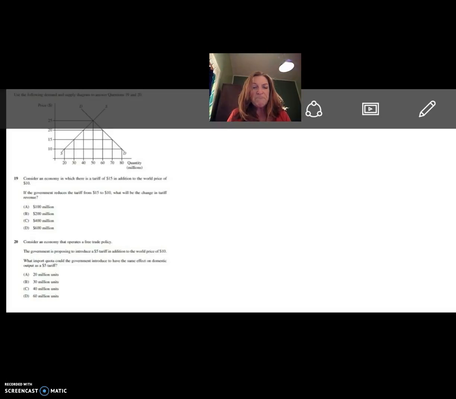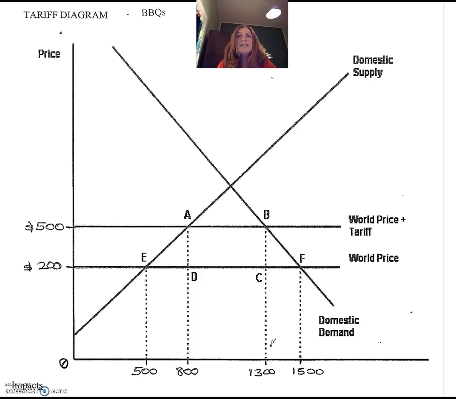Okay, so next step. So here is a tariff diagram, and this one is on tariffs on barbecues. With a tariff diagram, you always start with a domestic demand and supply curve. So if you have a look at the demand and supply curves on your screen, you've got a domestic demand curve and a domestic supply curve.